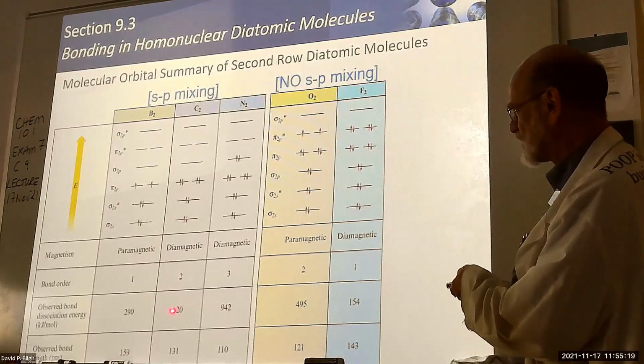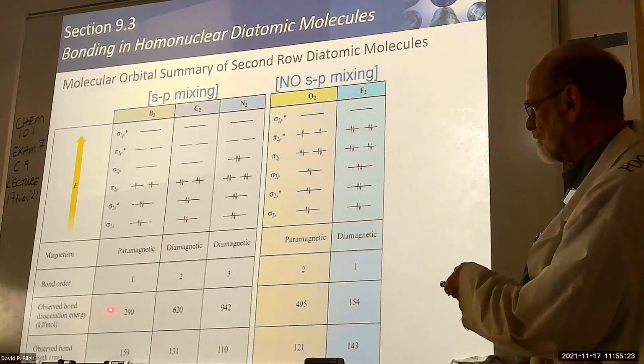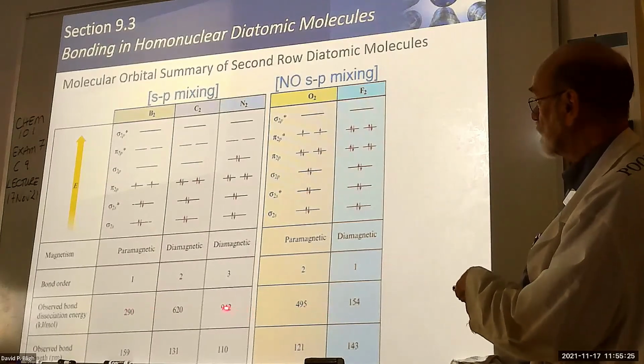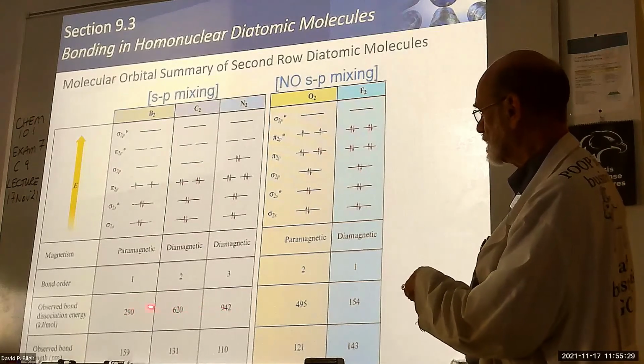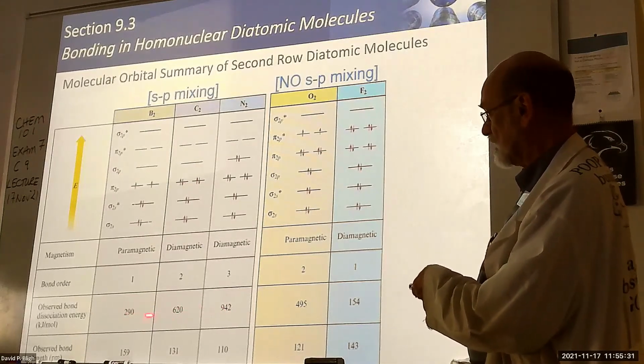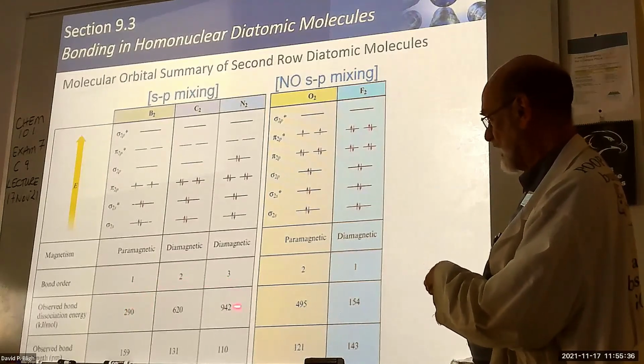And this information is bond order here, bond energies here. Notice that as you go from boron to carbon to nitrogen, you get an increase in energy. You go from a single bond to a double bond to a triple bond.